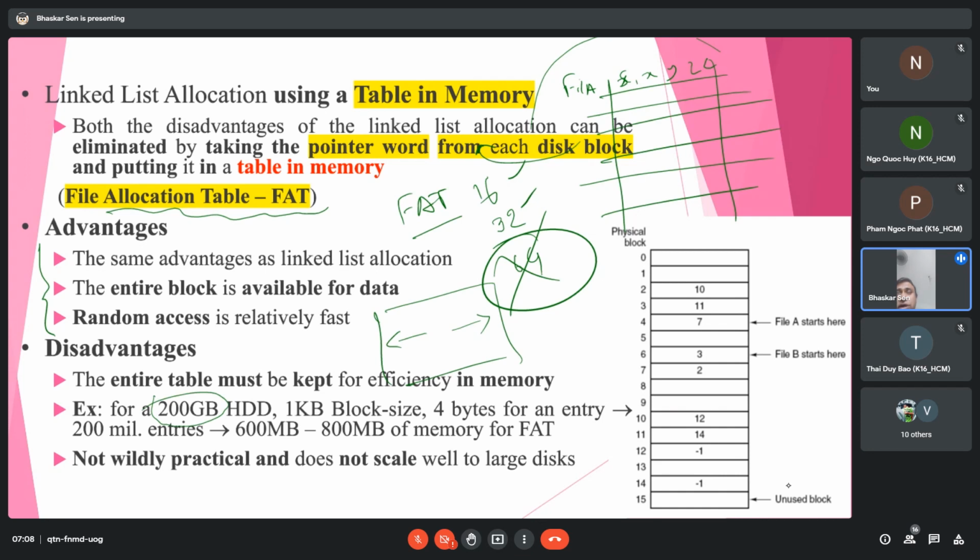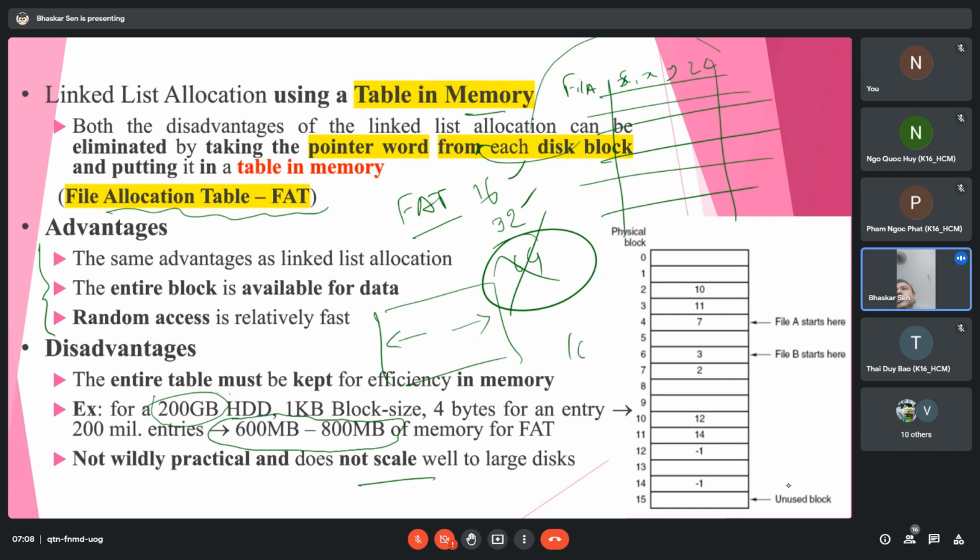With a 200 GB hard disk, as I mentioned, your FAT table will get fatter and fatter, and almost 600 to 800 MB of RAM space is consumed because it is in memory, right? That will not scale up.